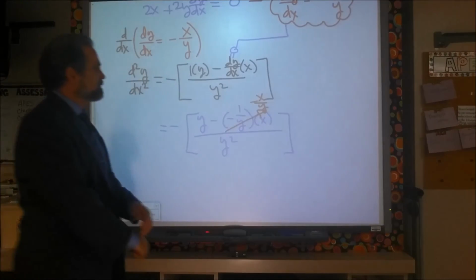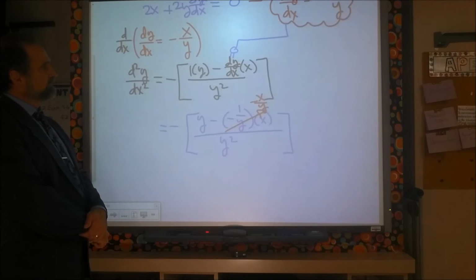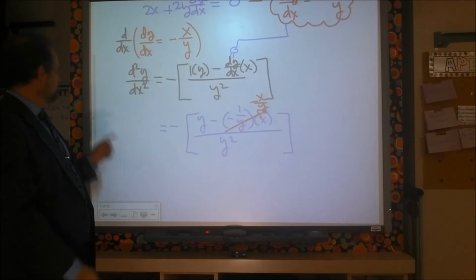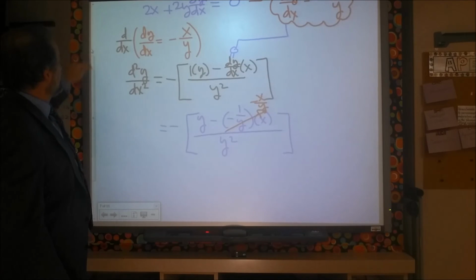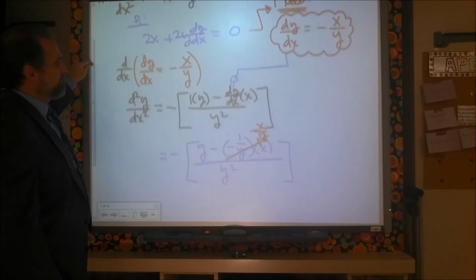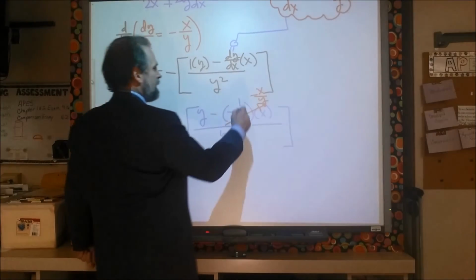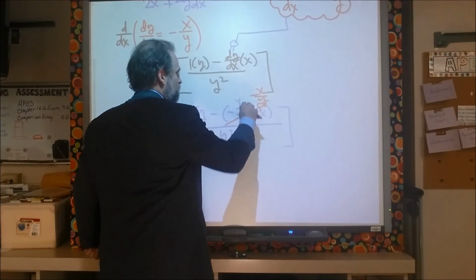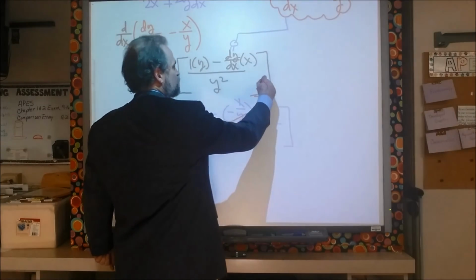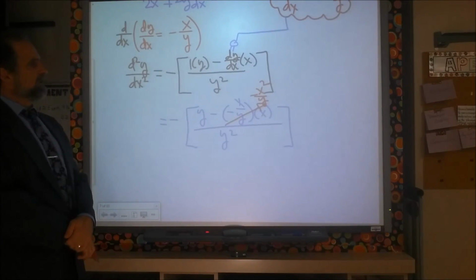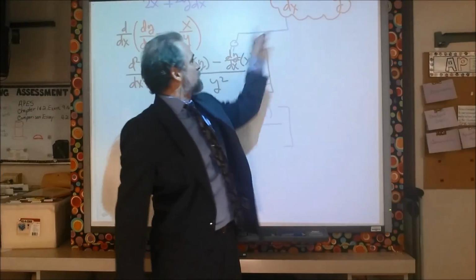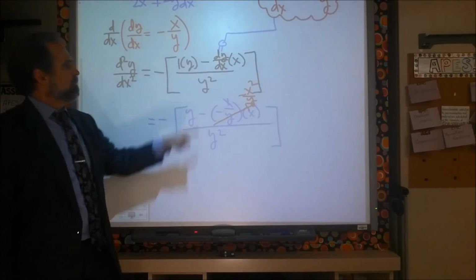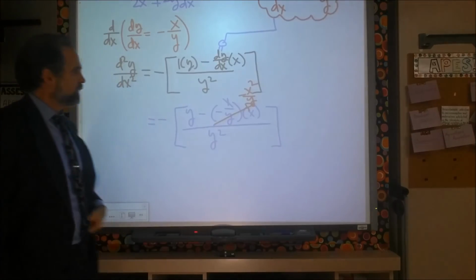That's what that becomes, right? Oh, I take that back. Because I scrolled up, I couldn't see it, and this board is killing me. That should have been negative x over y, right? So this should have been negative x over y. So that would be negative x squared over y. My bad. So I inserted negative x over y because that's what dy dx was worth. And then I multiplied it by x and got negative x squared.